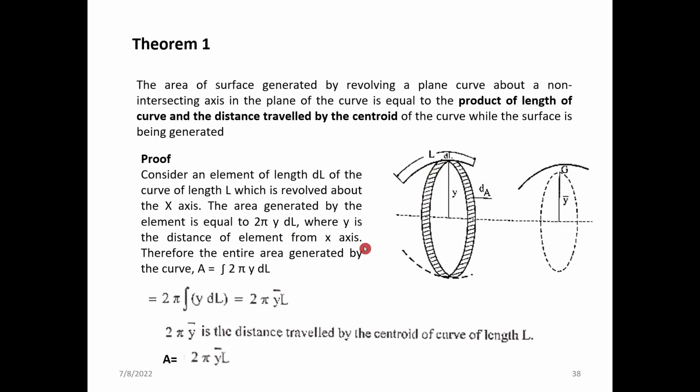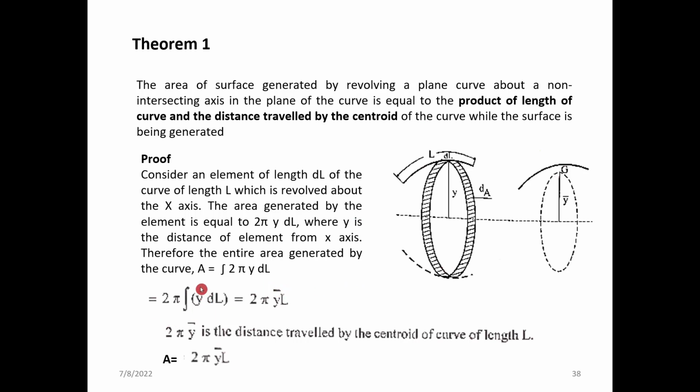Therefore, the entire area generated by the curve, we have to integrate over the length, so the surface area is equal to the integral of 2 pi y dl, which is approximately similar to 2 pi r, the perimeter, into the length or height, which will give you the entire surface area.